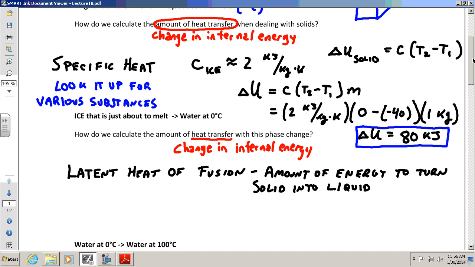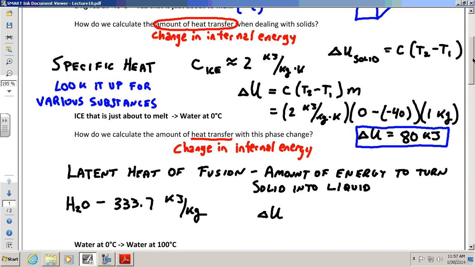Okay, so it turns out that the latent heat of fusion for water, for ice to water, you look this up, is 333.7 kilojoules per kilogram. Therefore, it's that simple.